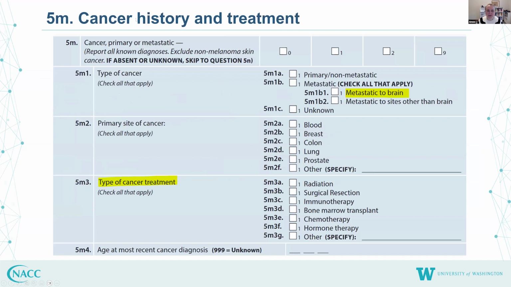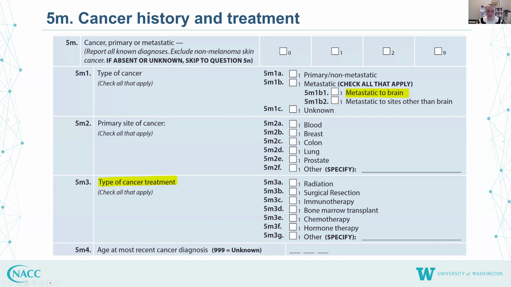Additions were made to recording cancer history. Again, cancer history can be listed as absent, recent active, or remote inactive, or unknown. Cancer should be coded as primary non-metastatic or metastatic, and we've added the choice of metastatic to the brain.